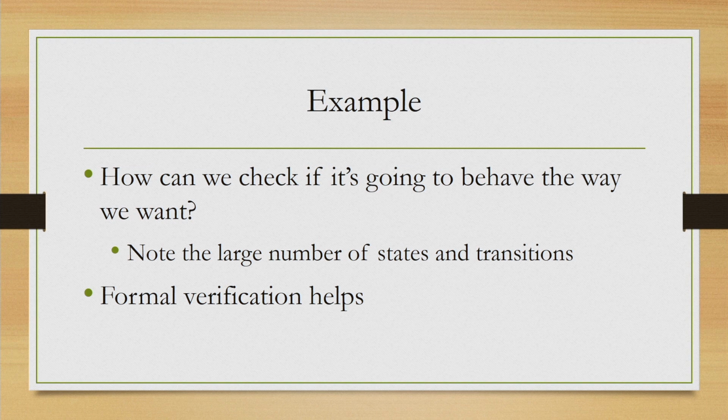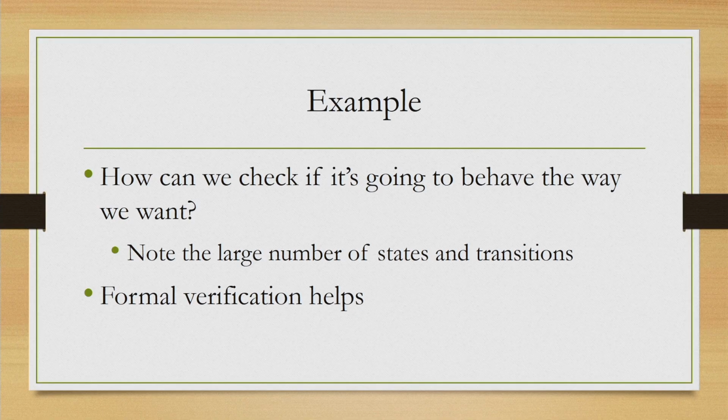With this representation of the system, we can check if the system is going to behave the way we want. But again, the issue is that we have a large number of states now, more than 400, and a large number of interactions. So, how can we check?